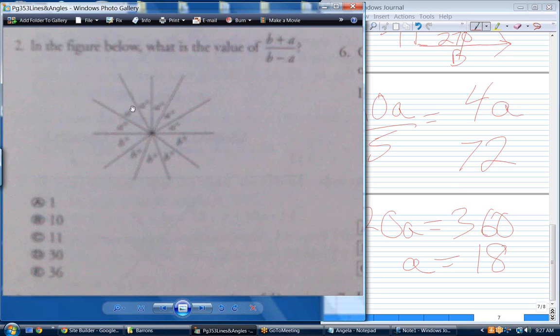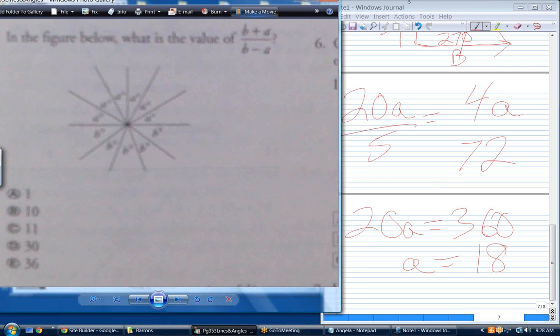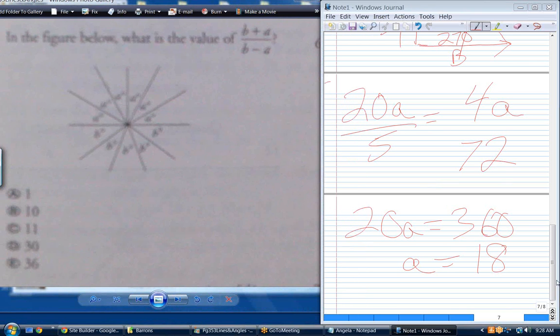There are 1, 2, 3, 4, 5, 6 equal angles above the horizontal line. Each of those is A. And there are 1, 2, 3, 4, 5 angles equal below the horizontal line. Each of those is B. So they want to know what B plus A divided by B minus A is.